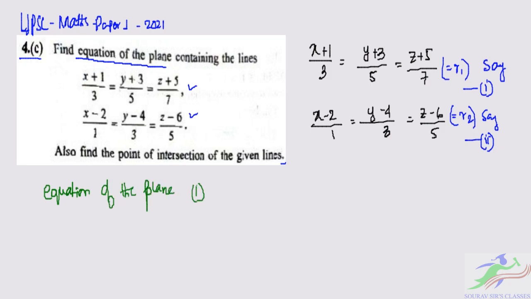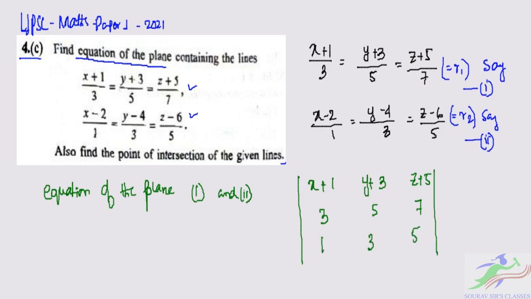The plane containing the lines 1 and 2 will be given by the determinant with rows x plus 1, y plus 3, z plus 5; 3, 5, 7; and 1, 3, 5, equal to 0.